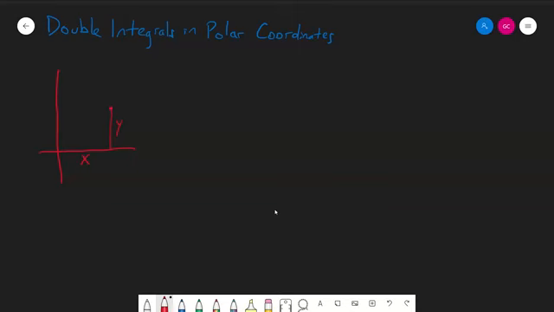In polar coordinates, you instead specify two different pieces of information. You specify how far the point is away from the origin, this distance r, and the angle, theta, that ray makes with the positive x-axis. And in polar coordinates, you have the following equations that relate x and y to r and theta that just come from looking at the right triangle relations.